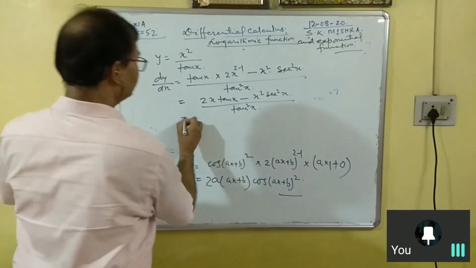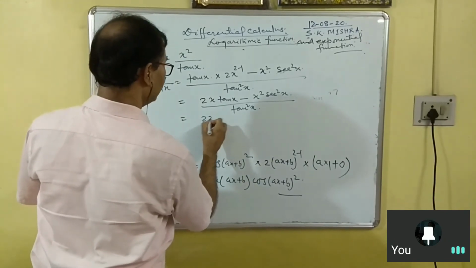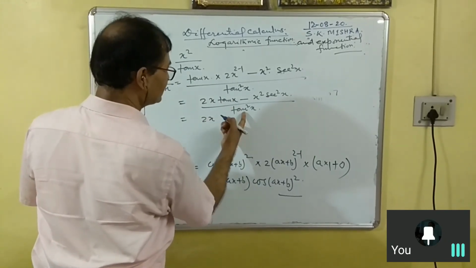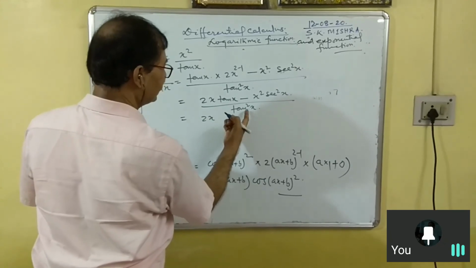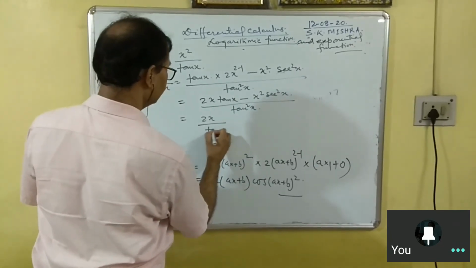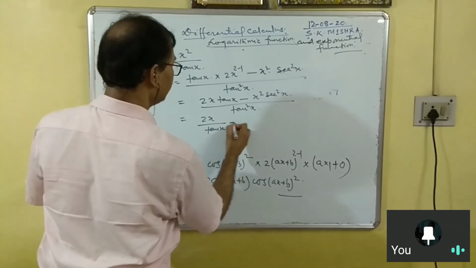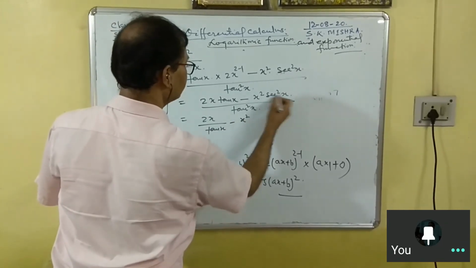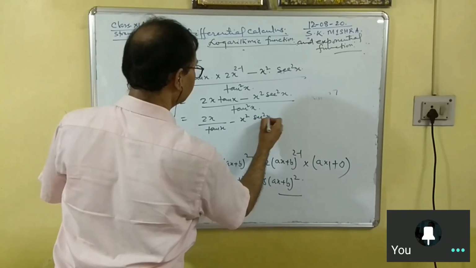You can write it this way also: divide tan² x in both the terms. So 2x tan x by tan² x is 2x by tan x, minus x² sec² x by tan² x.